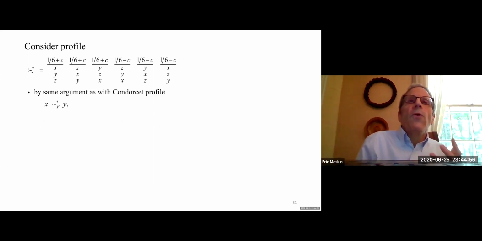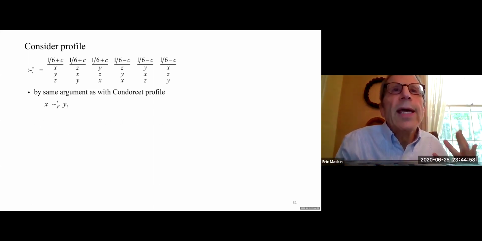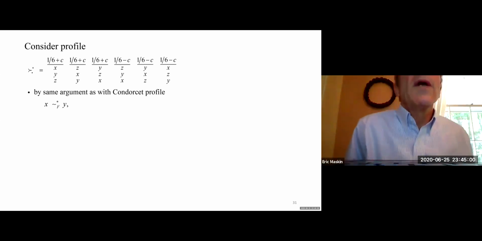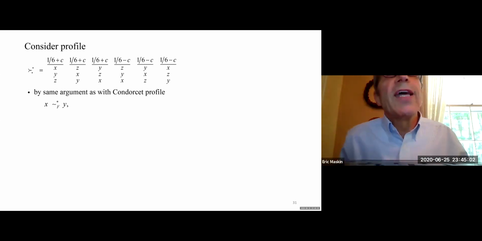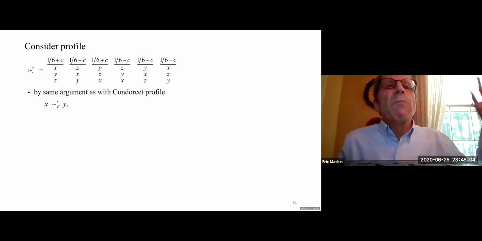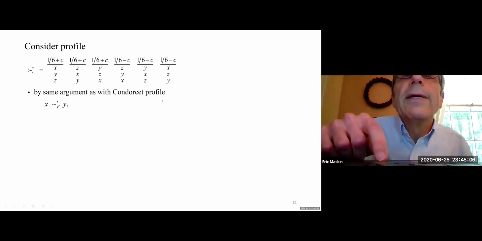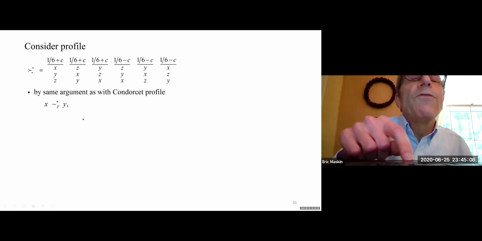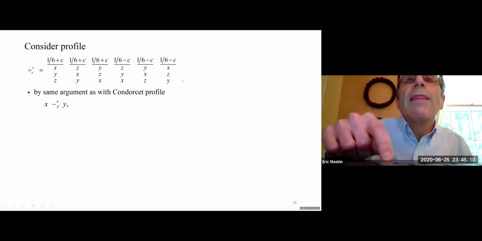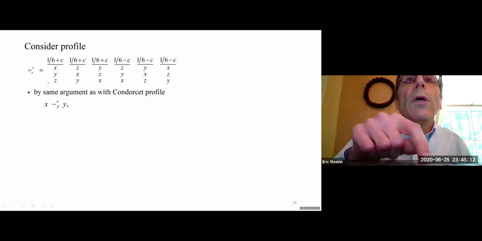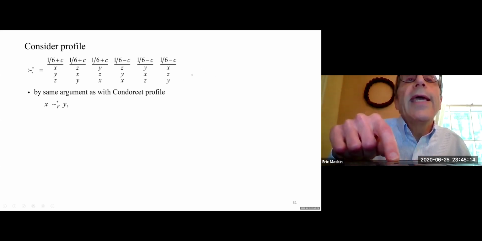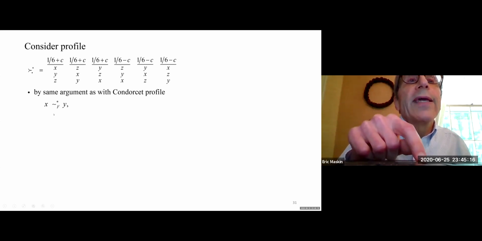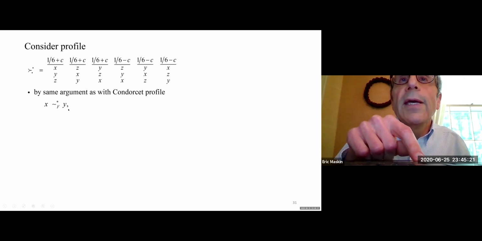And we can go through essentially the same argument that I made before for the Condorcet profile to conclude that for this profile here, the social ranking of x and y must be indifference.